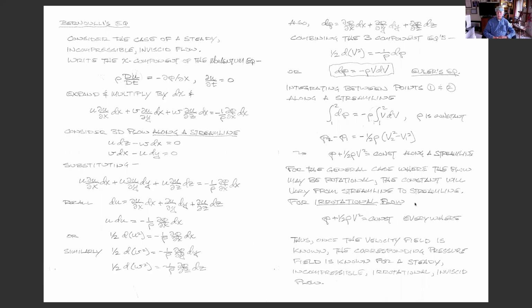Within the boundary layer, the flow is rotational, and the static pressure is constant. Go back up to this. Static pressure is constant. Otherwise, there'd be flow across the boundary layer, which there isn't. The velocity at the wall is zero, and the velocity up at the edge of the boundary layer is v. So the total pressure varies within the boundary layer.